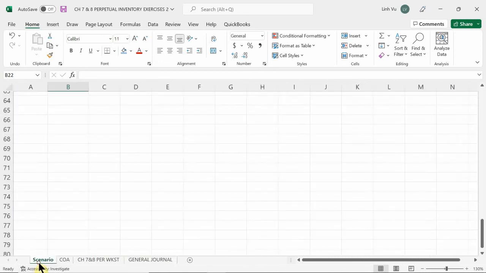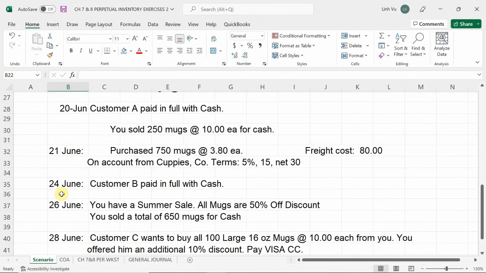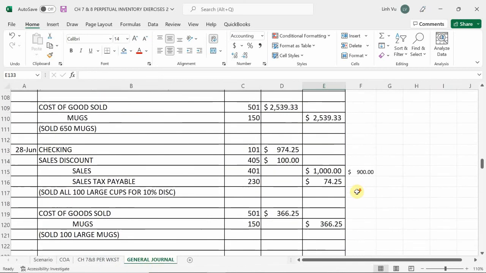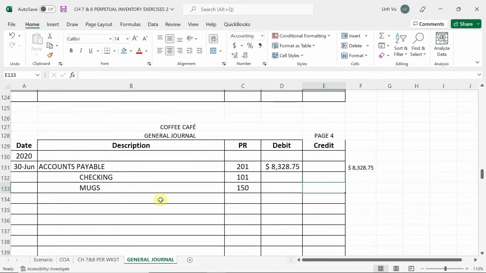Let's take a look at my scenario. My freight for the 21st. How much did I charge freight for? $80. So how much can I actually discount? 2,850. 2,850, right? So in this case, I only can receive a 5% discount on 2,850, right?